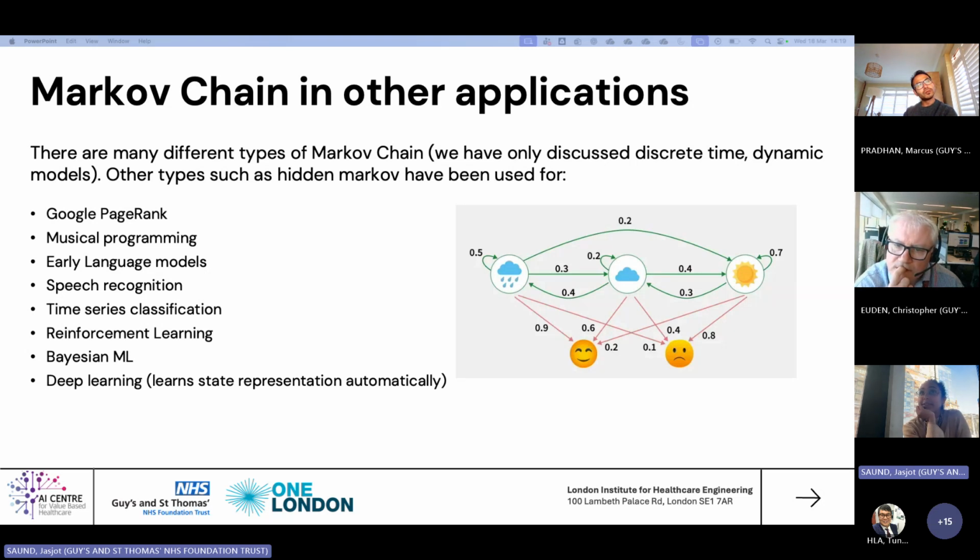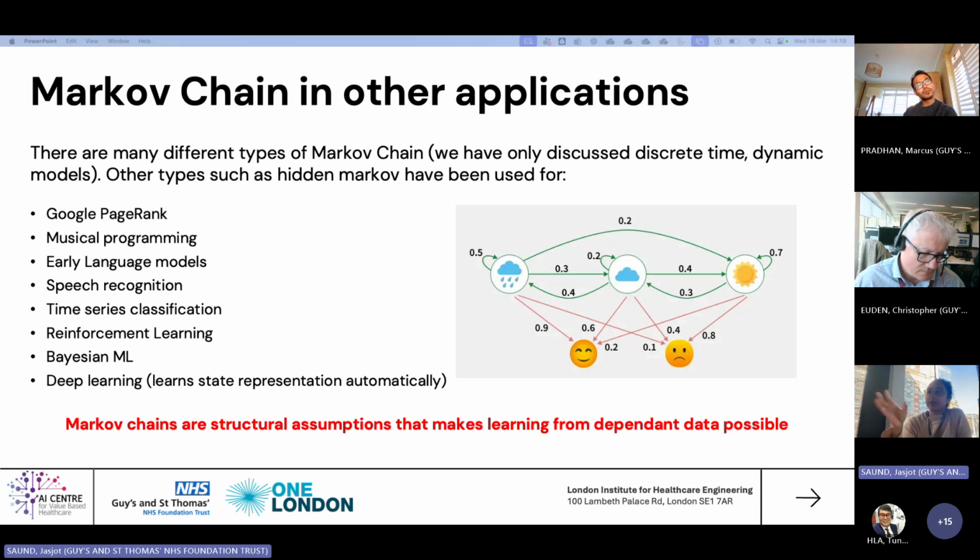So it's one of those things that has been in the background of all these exciting aspects, but this structural assumption is helping us learn from dependent data, which is such a key aspect in today's world.